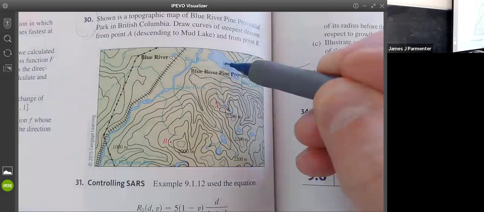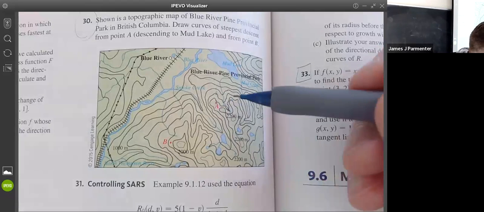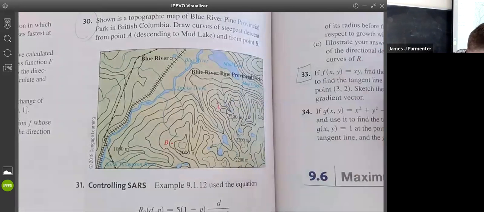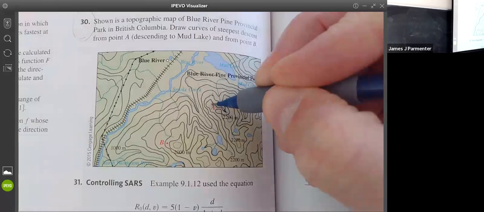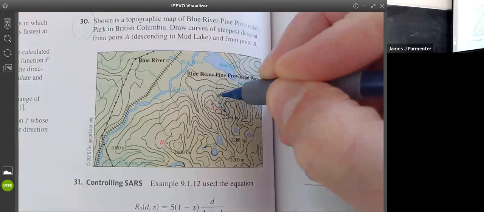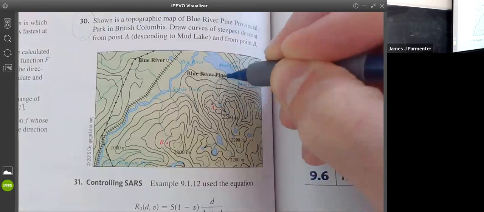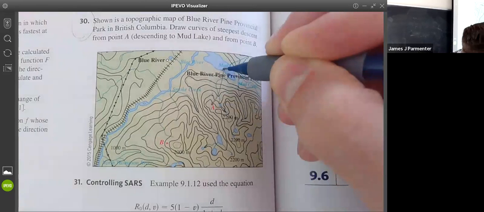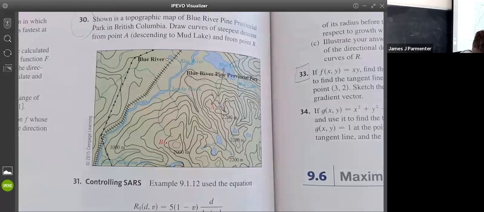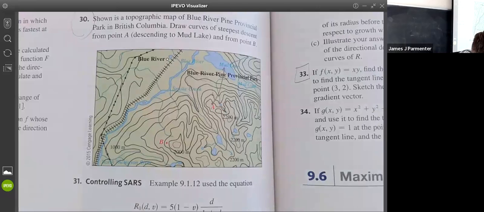They've made it kind of obvious for the first one, you're going towards Mud Lake. So we're going to cross, maybe something kind of like that. I don't feel like it's super clear that that's exactly the right answer, but going that way, I'm crossing the level curves kind of as quickly as possible.